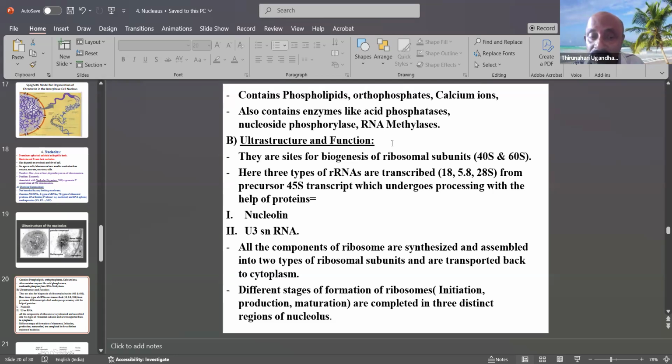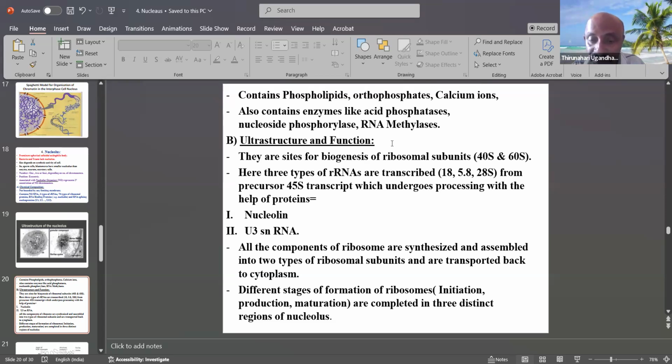All the components of ribosomes are synthesized and assembled into the two types of ribosomal subunits, which are transported back to the cytoplasm. The subunits are based on Svedberg units 18S, 5.8S, 28S, 40S, and 60S. Svedberg units classify the different stages of formation of ribosomes.